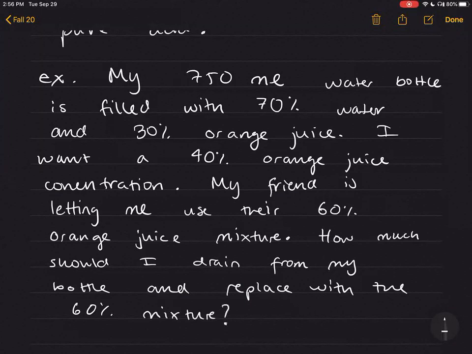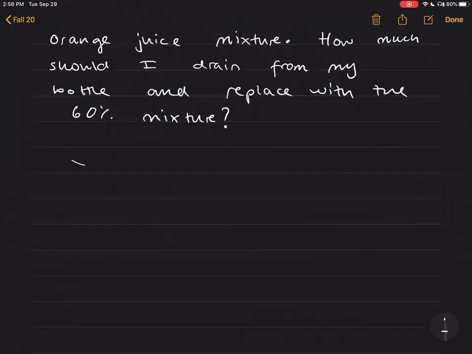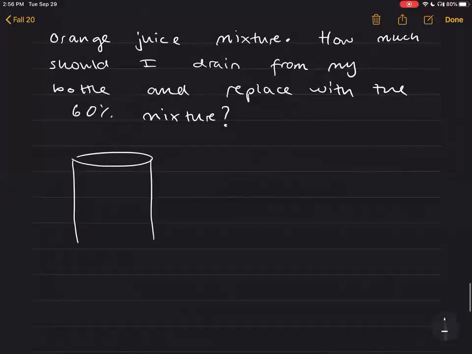Right? So this one, long and also pretty complicated. There's a lot of numbers going on. We're not just adding two things together, we're draining some things away. So let's take a step back and let's draw a picture. In this one, this is going to be my water bottle.